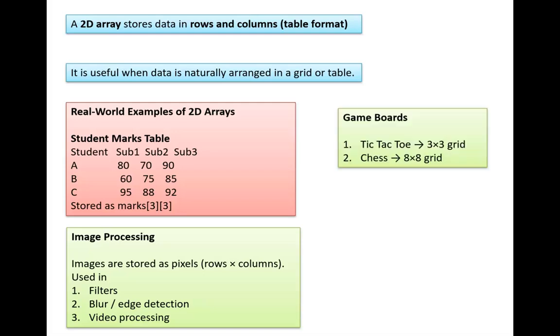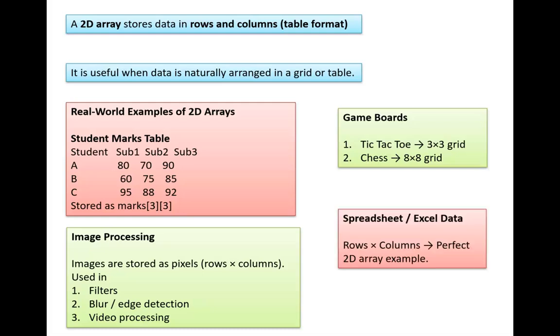Your famous games like tic-tac-toe and chess simulation problems: if you want to simulate chess, you need an 8x8 grid; tic-tac-toe, a 3x3 grid. So these are classical examples of two-dimensional arrays. Spreadsheets, the Excel data. Again, Excel is made up of rows and columns. This is also a perfect example of two-dimensional arrays.